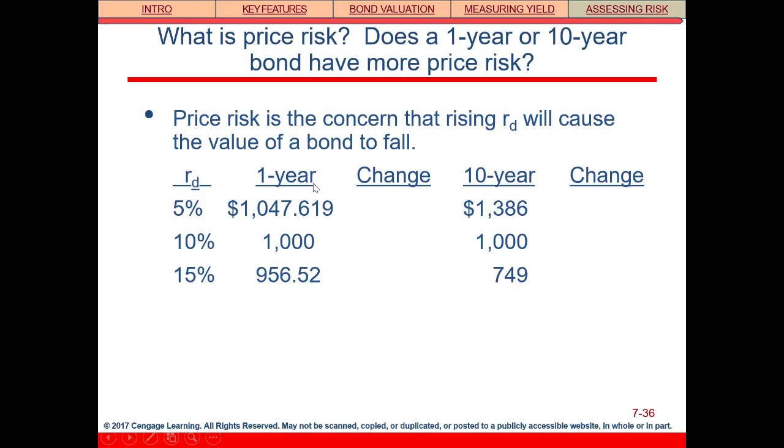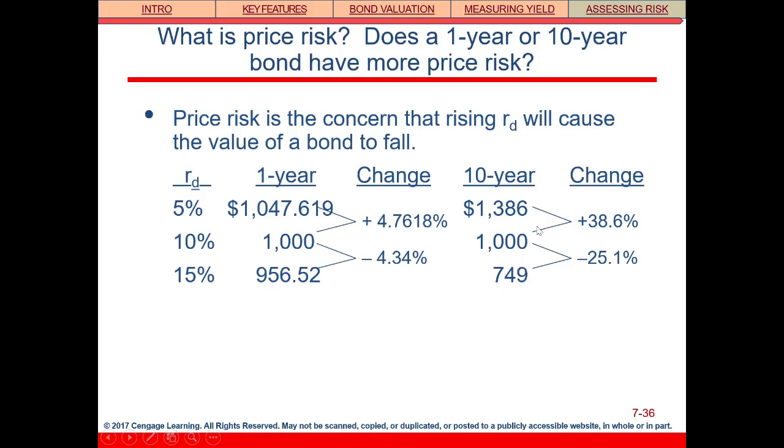Second, we not only want to see the price, we also want to calculate the percentage change in the price. So let's say if the market interest rate falls from 10% to 5%, the price increases by $47. This is the change in the price. And if the market interest rate increases from 10% to 15%, the price falls. This is the percentage change; the base price is always $1,000.